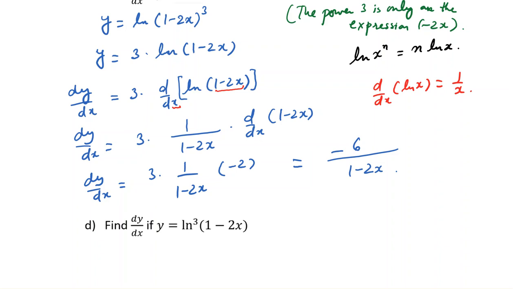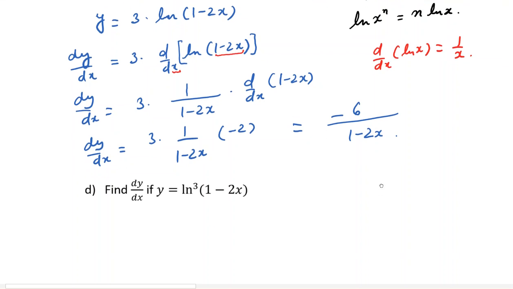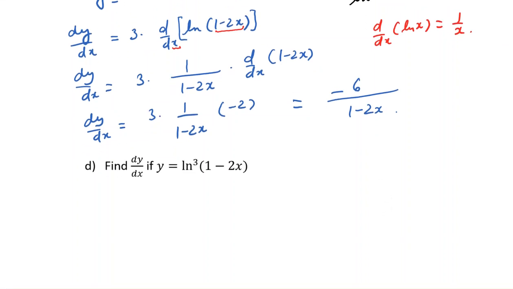Moving on to the next part. We have to be very careful, so we should distinguish between the previous problem and this problem. In the previous problem, we had ln of (1 minus 2x) cubed. But in this problem, the entire log function is cubed.